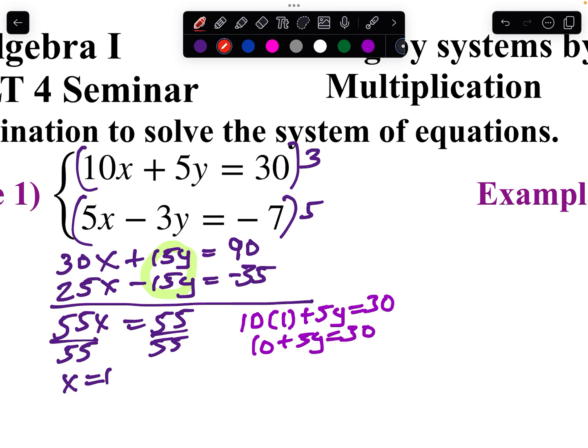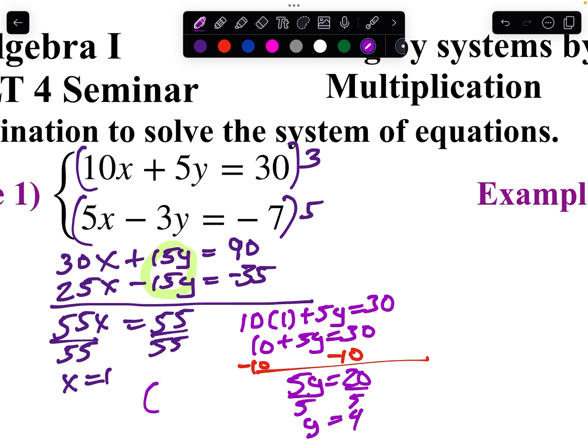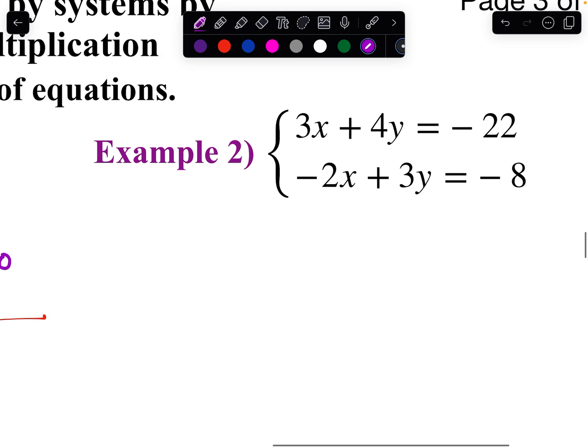Well, let's subtract 10 from both sides. 5y equals 20. Divide by 5. Y equals 4. I'll write my solution as an ordered pair because it's actually where they intersect. And you get (1, 4). And that's our answer. Let's do another one together.